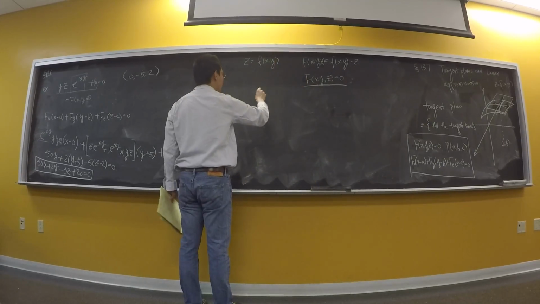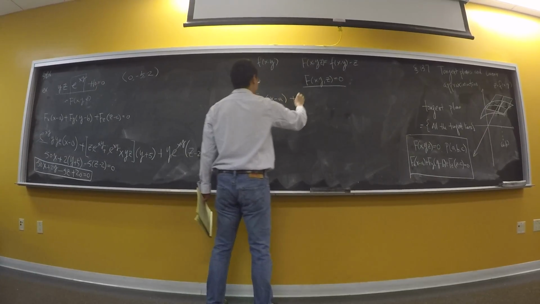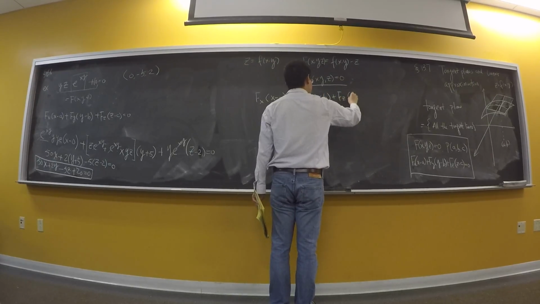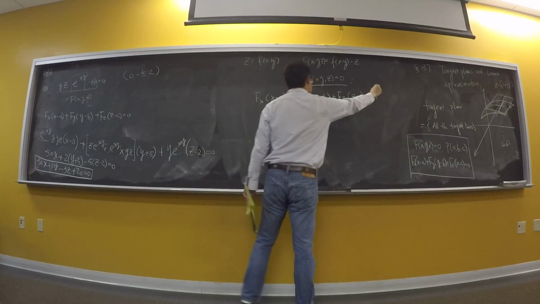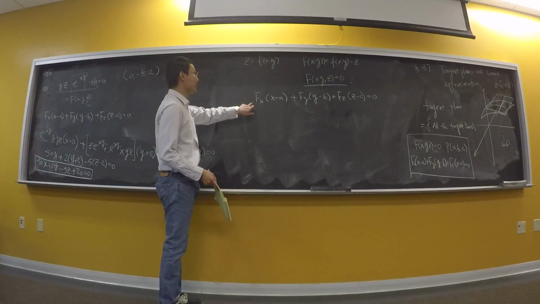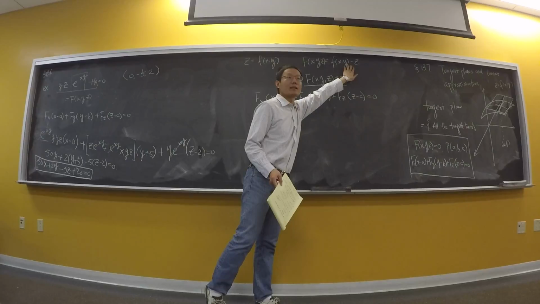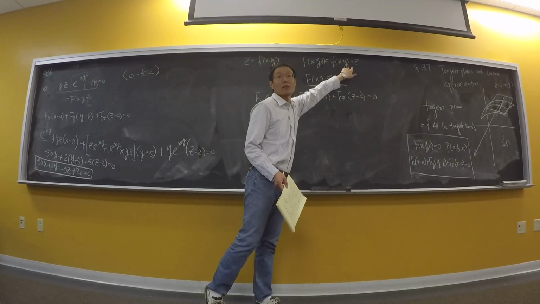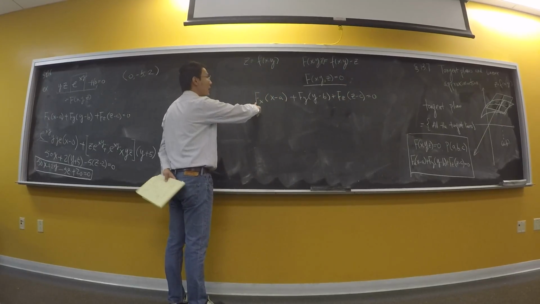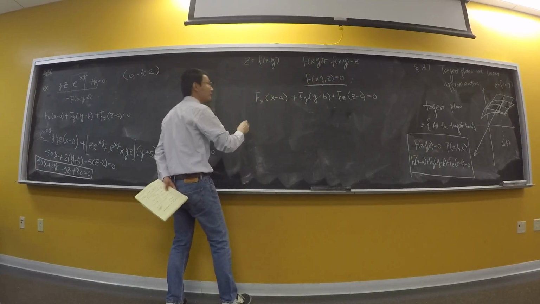So the tangent plane has the equation F_x(x minus a) plus F_y(y minus b) plus F_z(z minus c) is equal to 0. Okay? So the only thing I need to do is to take the partial derivatives of this function. So if I'm computing the partial derivative with respect to x, what do you have here?